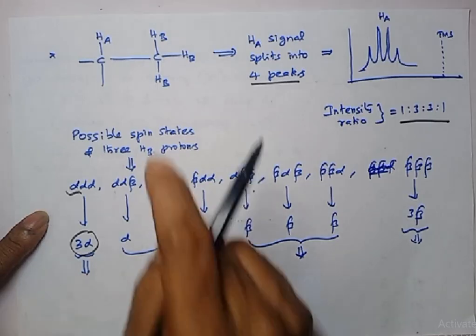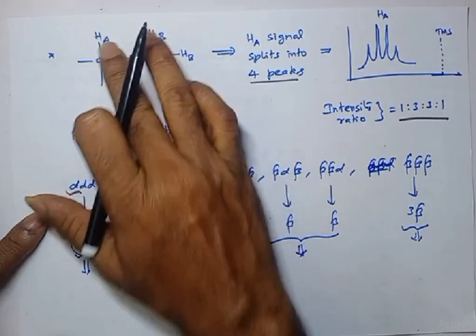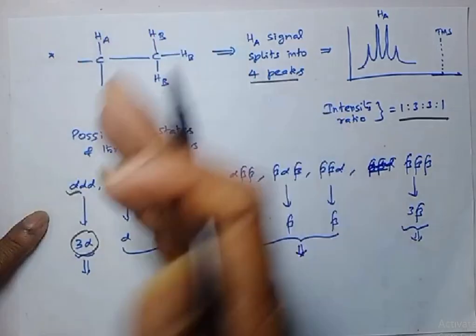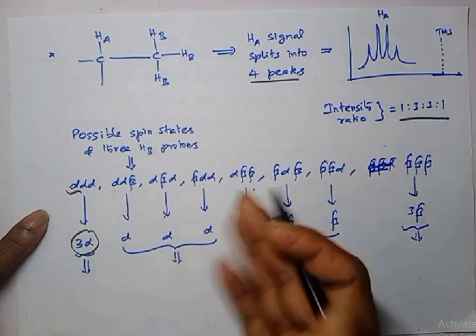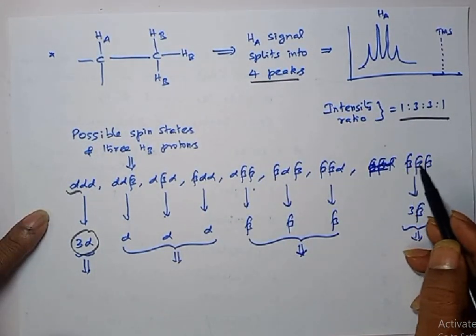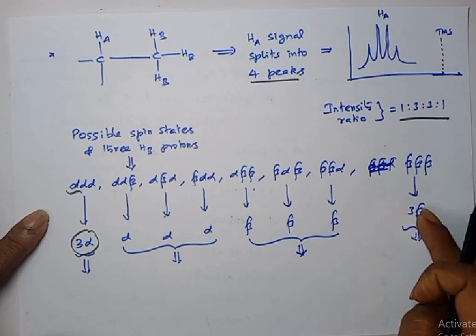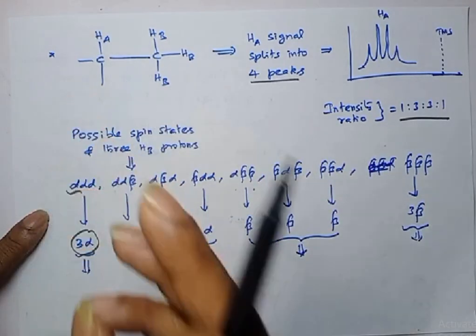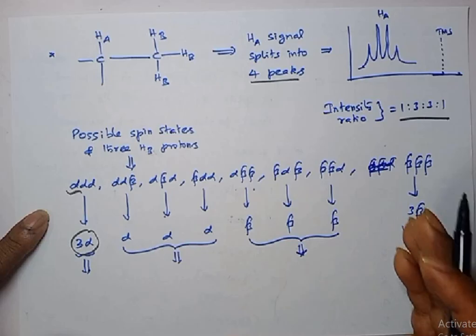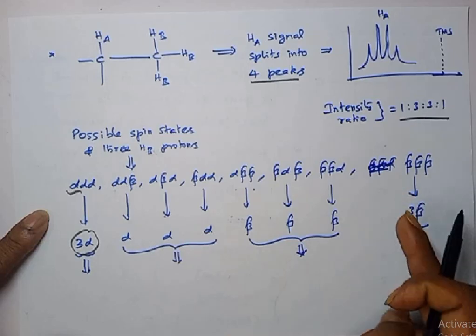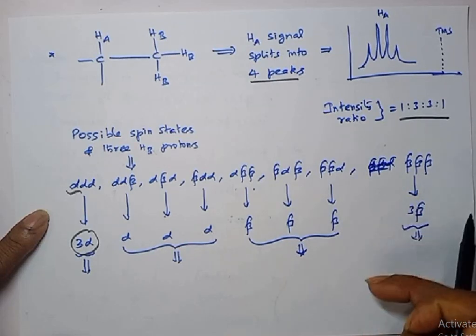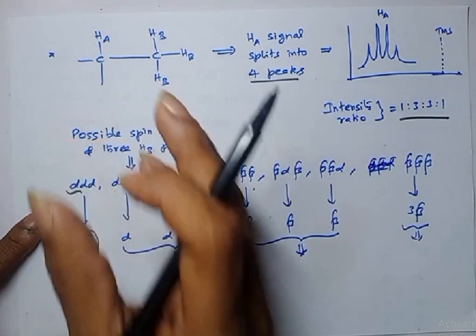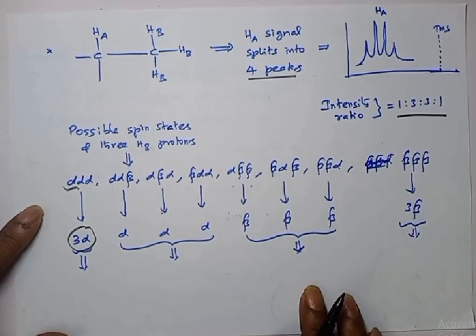B naught means the position where HA will give its signal in the absence of this proton. That position is called B naught. In some other molecule, all the 3 spin states may be beta. In that case, the nucleus of HA feels a very low magnetic field, because the 3 protons oppose the external magnetic field. So nucleus A feels a lesser magnetic field.